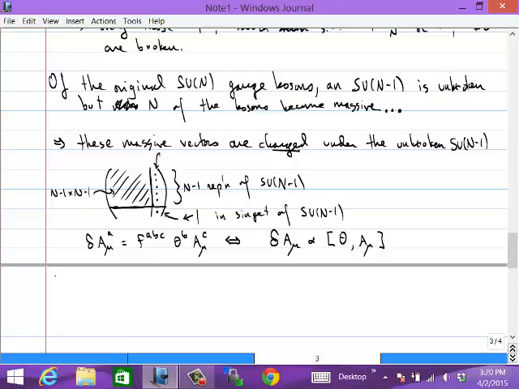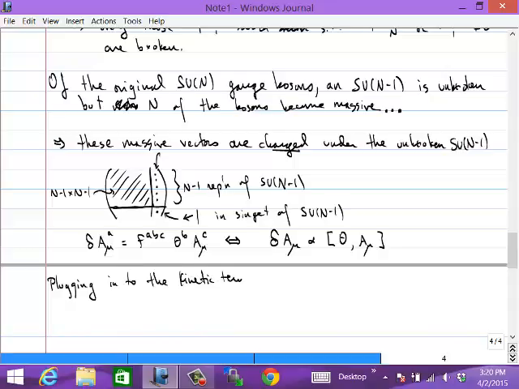So for example, just plugging into the kinetic term gives you the masses of these gauge bosons.